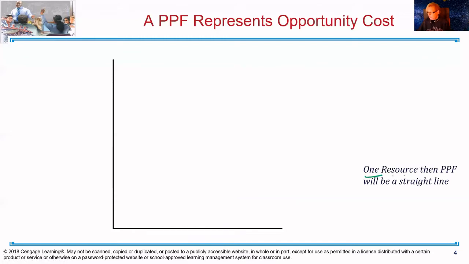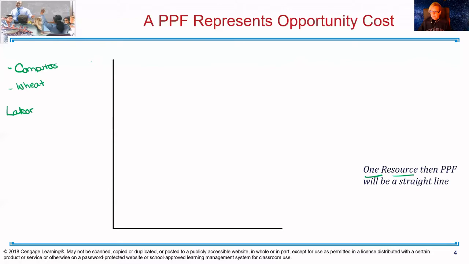If we have one resource, so let's go back to our computers and wheat example. So imagine we have two products. We have computers and we have wheat. And let's say that the problem is looking at labor. So imagine you're a company and you're producing computers or you're producing wheat. You can produce some amount of computers and some amount of wheat.